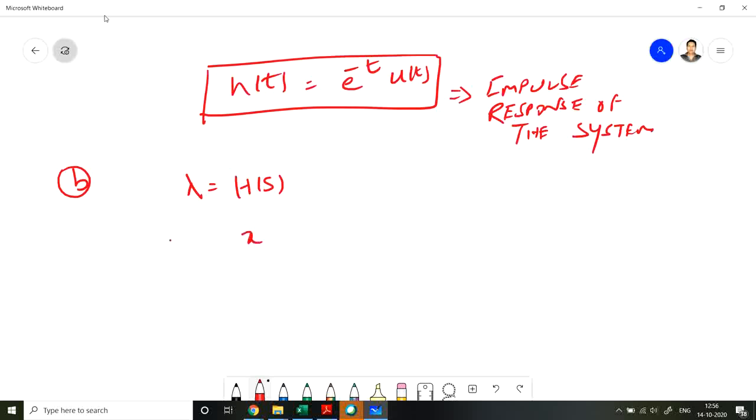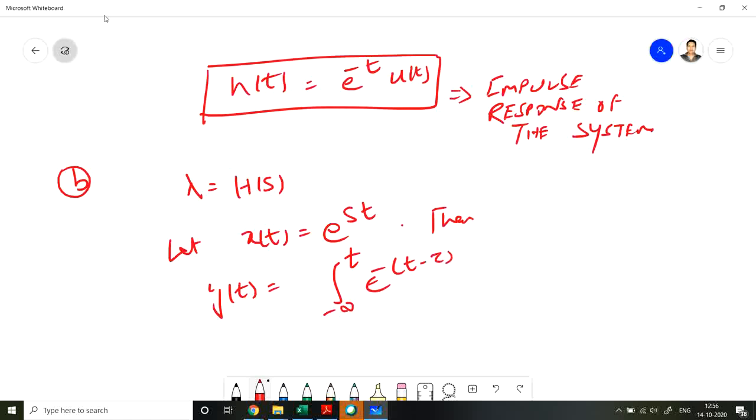Let us assume that xt is e raised to the power st. Then what is yt? So yt is nothing but the integral from minus infinity to t of e raised to the power minus t minus tau, e raised to the power s tau d tau.